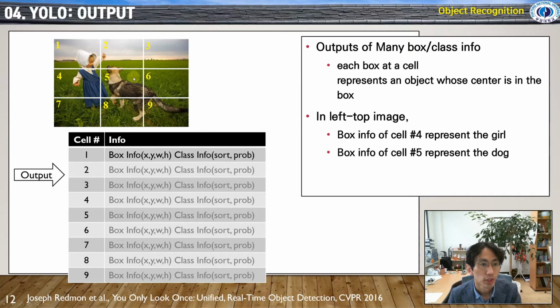For example, there is cell number 5, and this cell number 5 has one box of object information. I wish you would not misunderstand me: this box is different from the cell. The box could be larger than this one cell, but the box in cell number 5 represents the object whose center is in the cell.